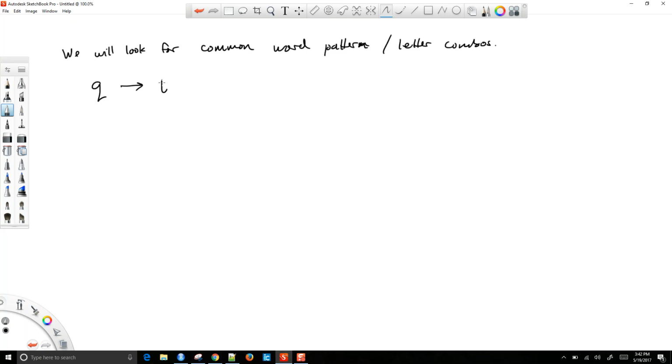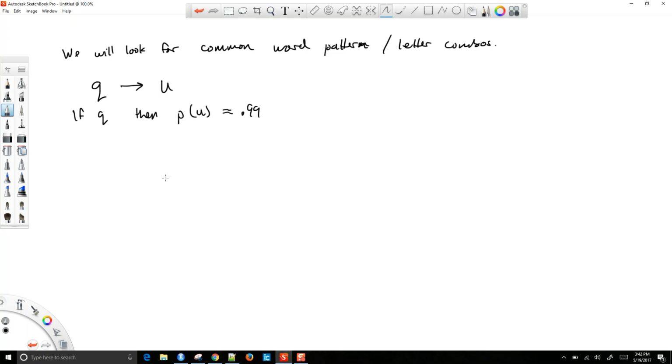U, right? Sure, you could have other things, but if Q, then the probability of U will be like 0.99 or something like that. I'm making that up, but it's going to be high.